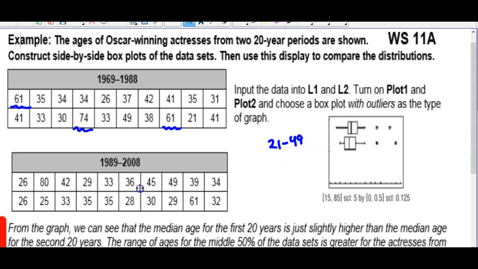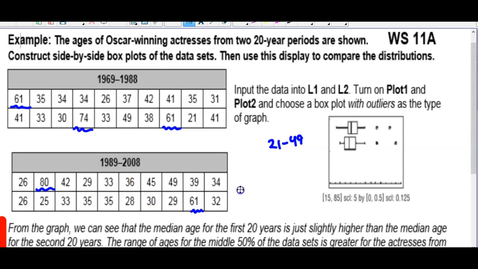And then this set of data was from 1989 to 2008, still really old data, but this time around, it shows that there were 2 outliers, and they were again on the older end of the data points, okay?